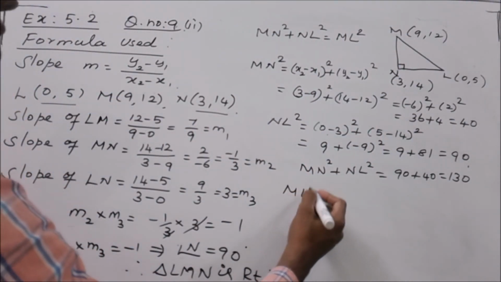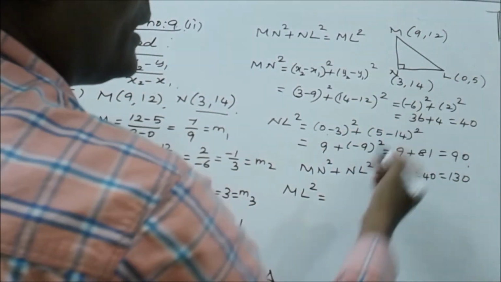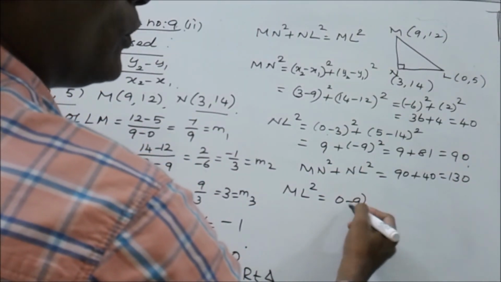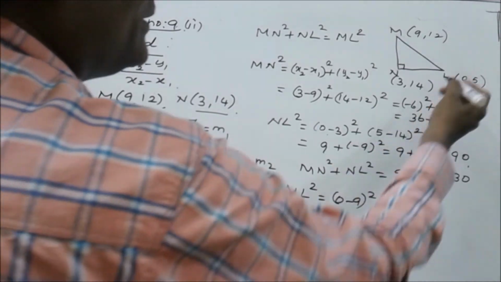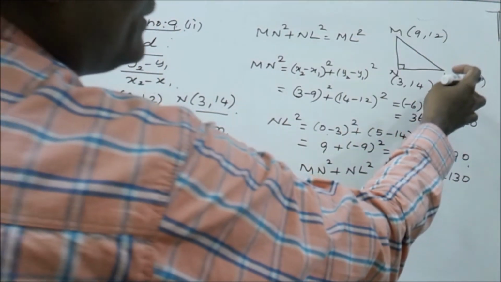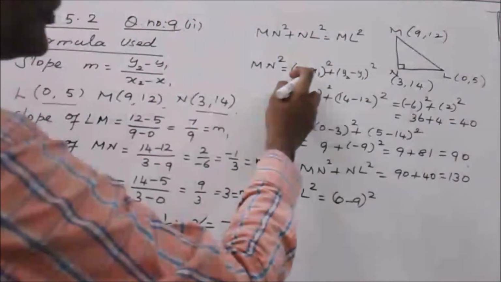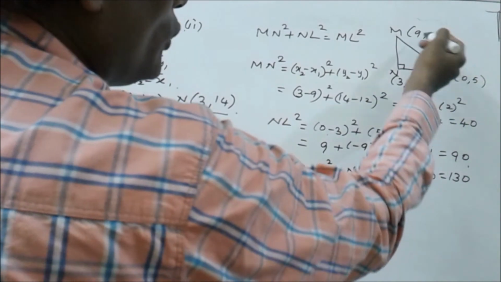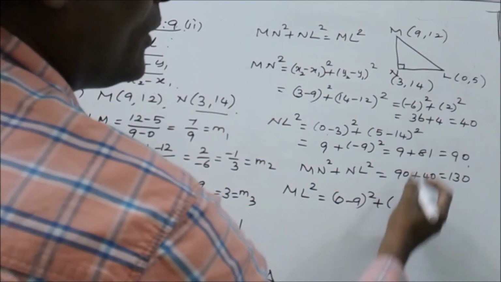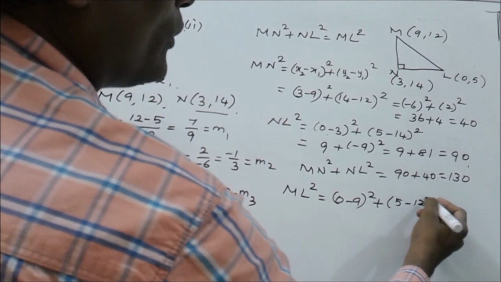Now calculate ML square. Take M and L, apply the formula (x2 minus x1) whole square plus (y2 minus y1) whole square: (0 minus 9) whole square plus (5 minus 12) whole square.